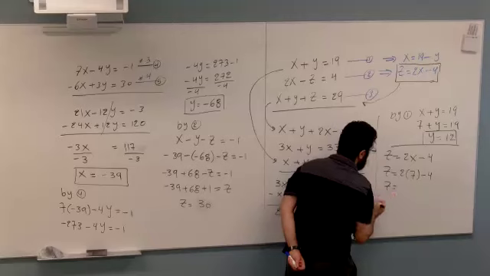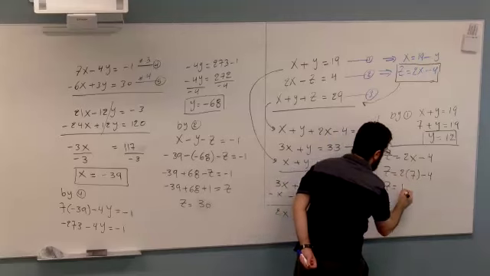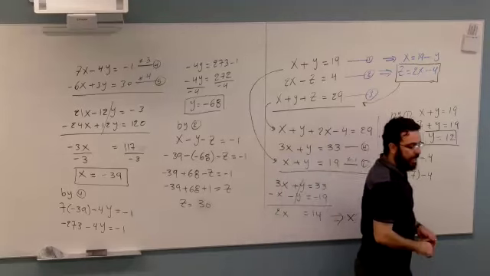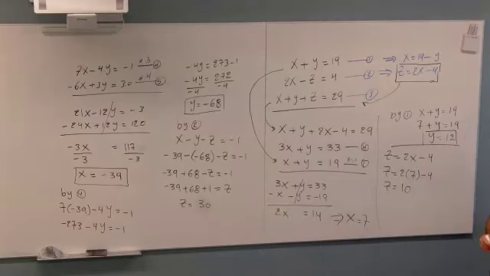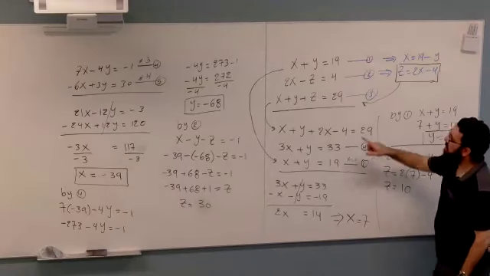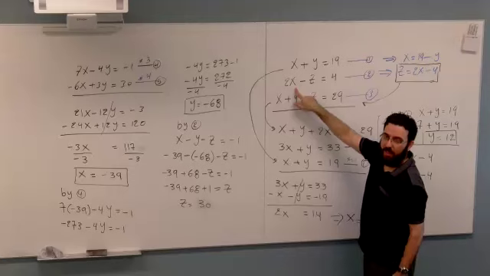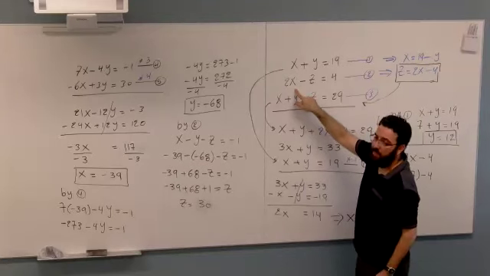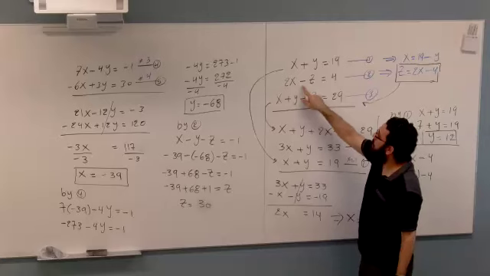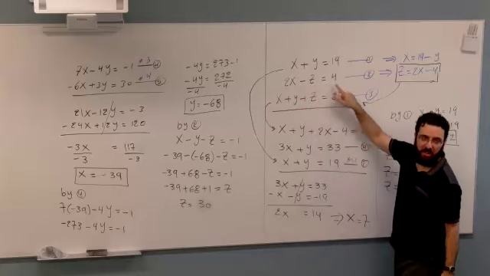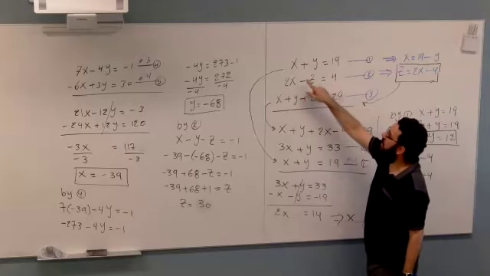That means how much the value of z? 14 minus 4. Now, if you want to make sure this is the right solution, go ahead. 2 times x. How much the value of x? 7. So 2 times 7, 14. 14 minus 10, 4.